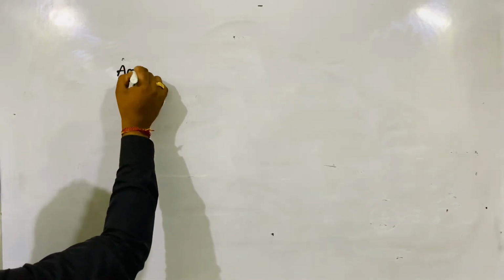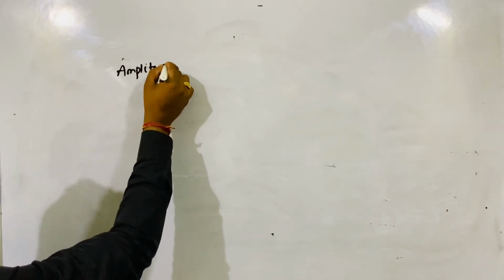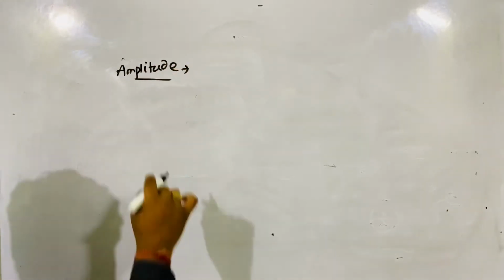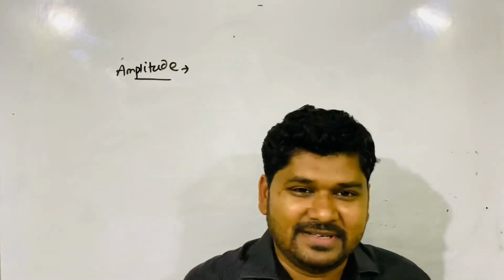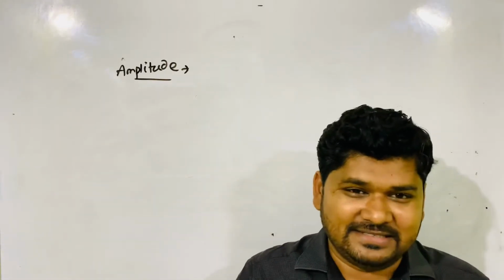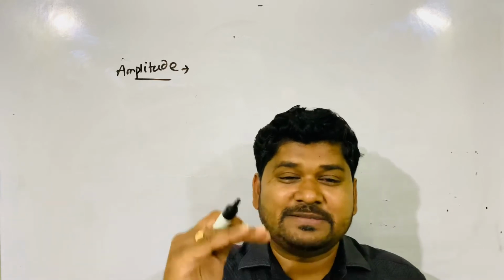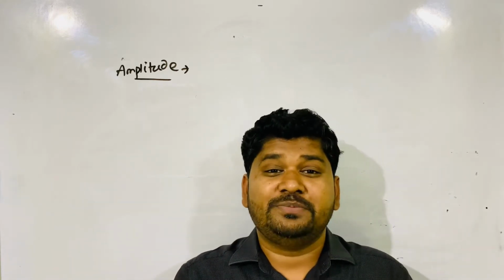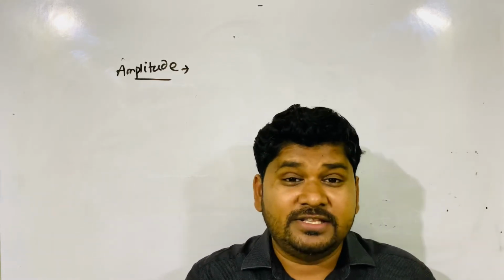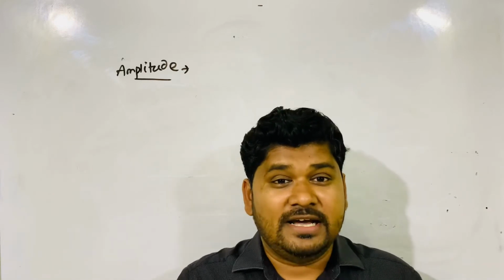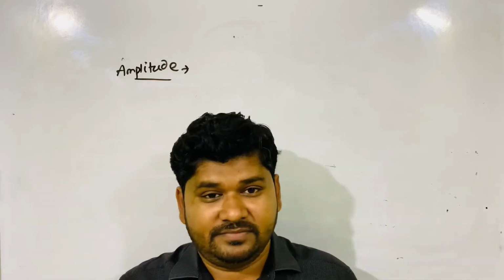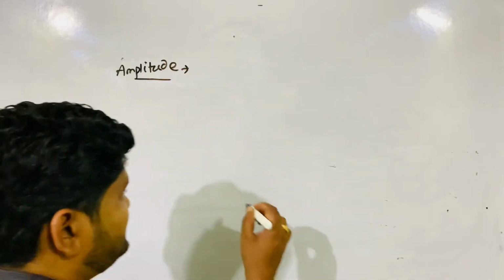Amplitude. We should discuss amplitude first. What is amplitude? It comes directly from oscillation. The maximum displacement from the equilibrium position on either side is called amplitude.